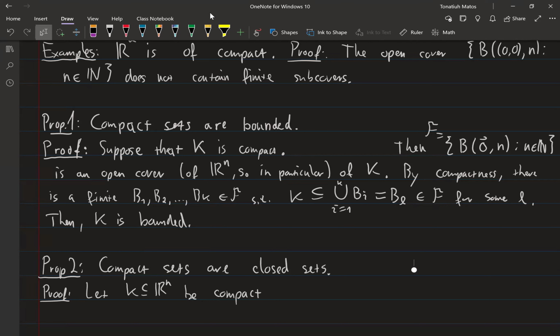Now, this might seem weird because you will say closed and bounded is so much easier to think about than this weird definition with open covers. So why did I bother defining it the weird way if the first thing I'm going to do is prove to you that they are equivalent?